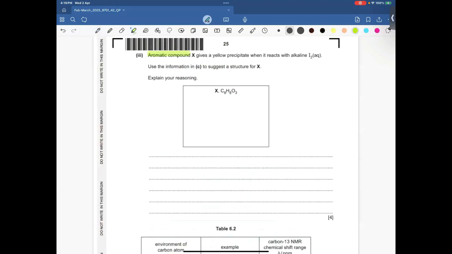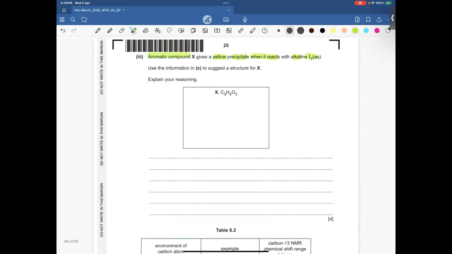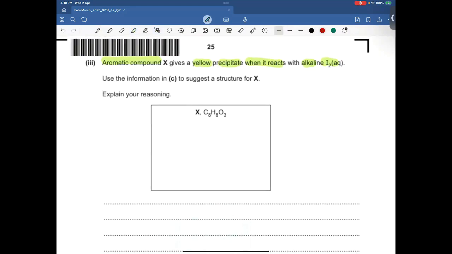So aromatic compound X gives yellow precipitate when it reacts with alkaline aqueous iodine. Oh my God, another piece of information. If it gives yellow precipitate with alkaline aqueous iodine, it will have either a CH3CO group or a CH3CHOH group.